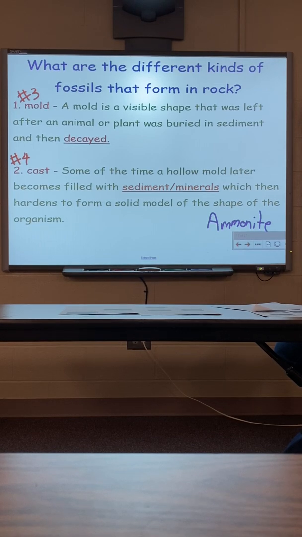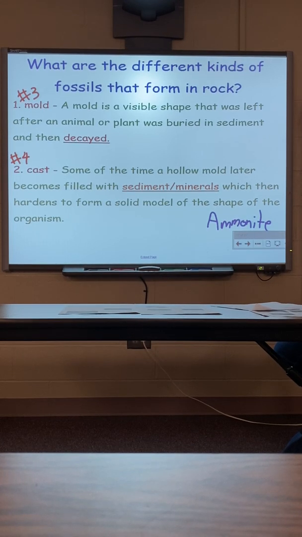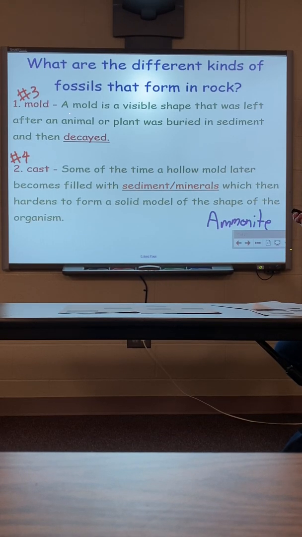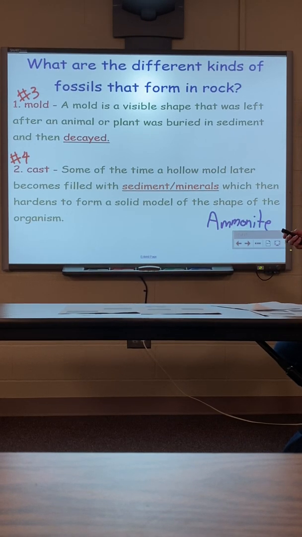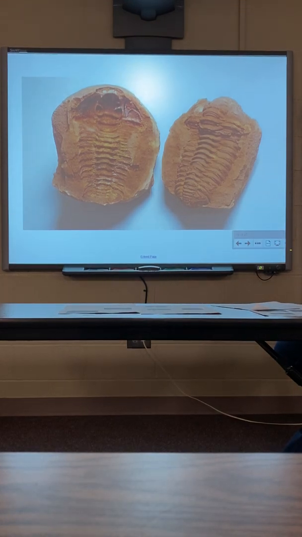I have some examples I'm going to show to you after I finish going through the presentation. I have a really nice one of an ammonite that I'm going to show you here in just a few minutes. Molds fill with sediment that later become the cast. Here's a good example. This is the cast of a trilobite, and this is the mold.